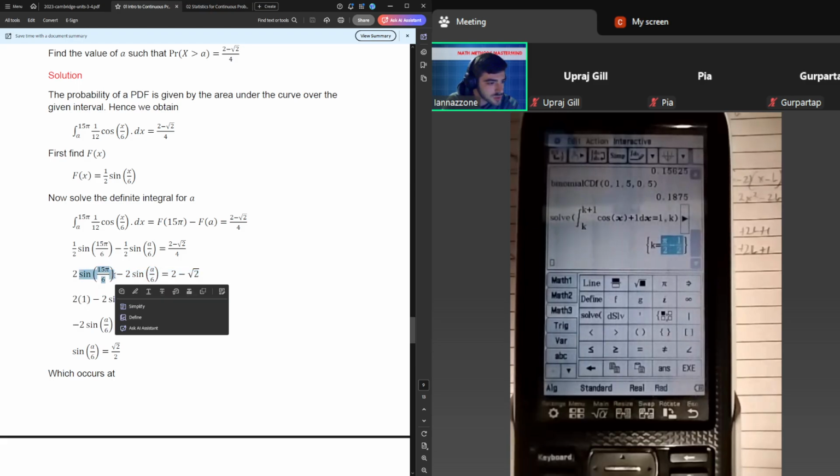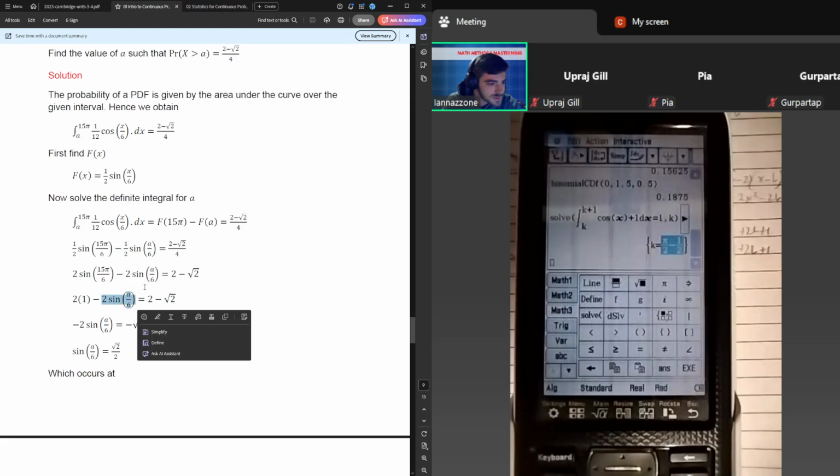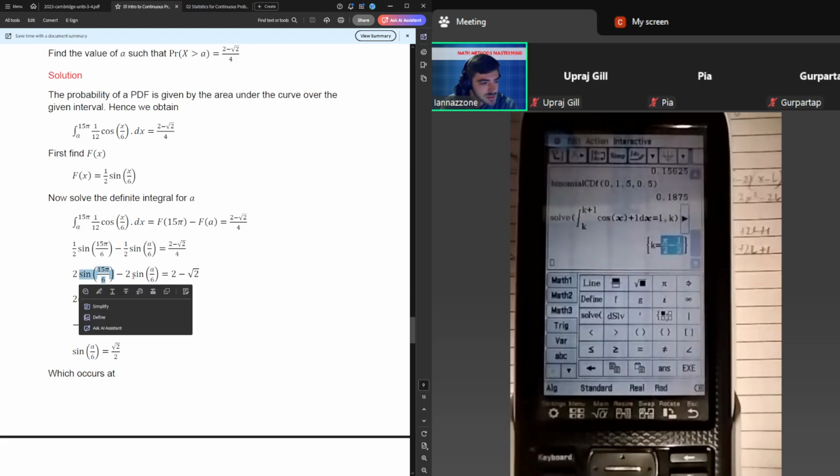This one, fully solvable, so sine 15 pi over 6. That sorts itself out. What is a bit harder to solve is this, because you've got an unknown inside of the circular function. So what we end up doing is kind of two separate versions of solving circular functions.